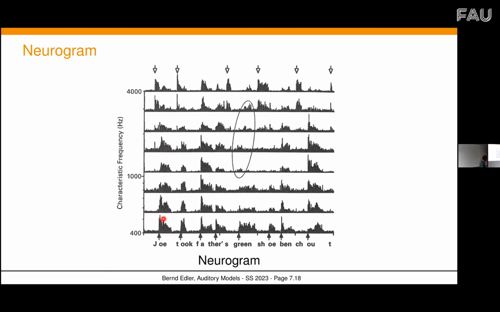Then we see here how the sound is represented in neural activities at different characteristic frequencies. And here we see how this activity goes sequentially from this characteristic frequency to this characteristic frequency. So the temporal spectral content is represented by the neural activities.